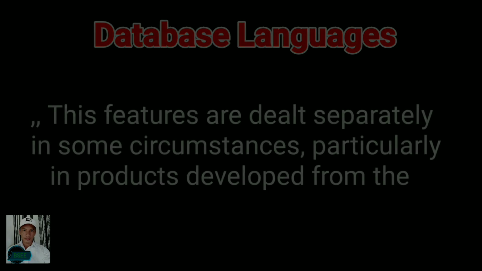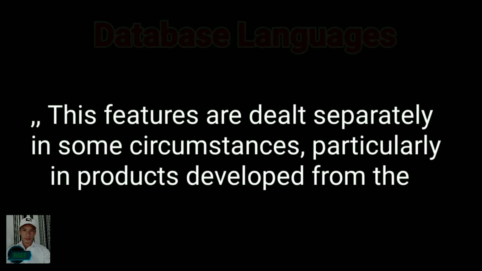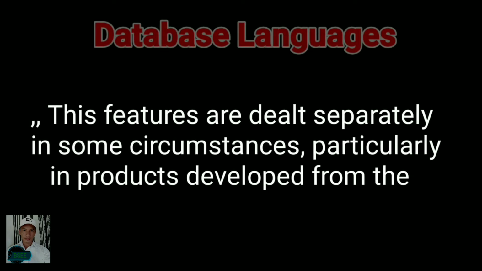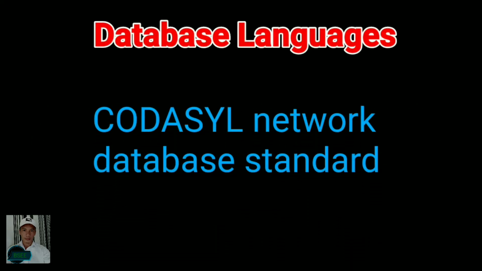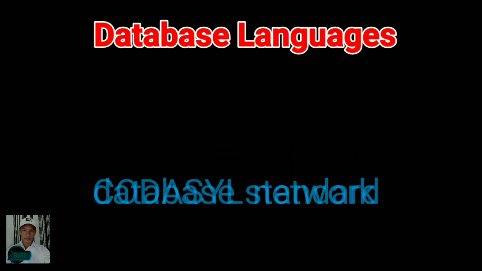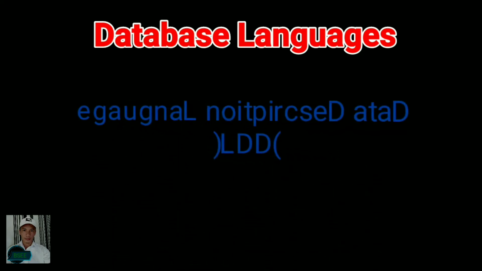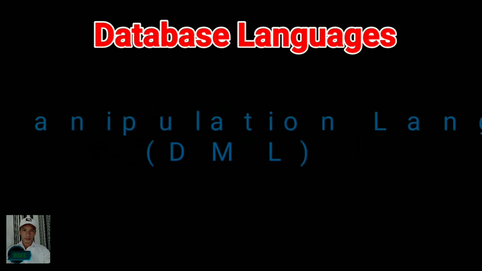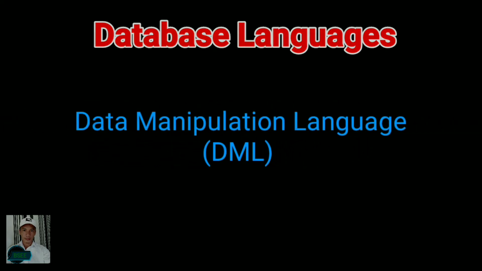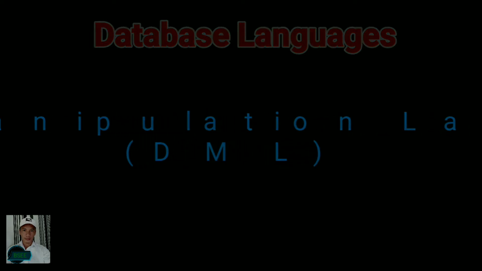These features are dealt with separately in some circumstances, particularly in products developed from the CODASYL network database standard, as the data description language or DDL and the data manipulation language or DML. Modifications to the storage schema are usually offered separately.